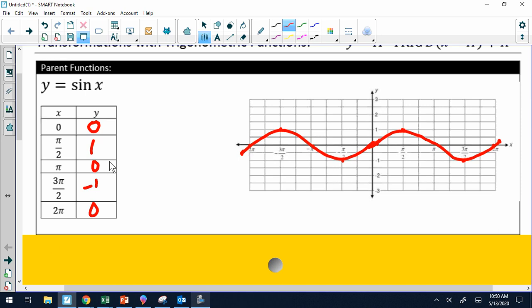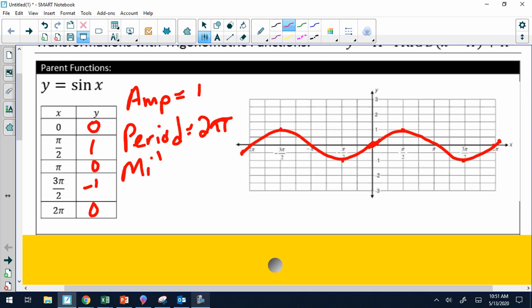This table of values is important to us. Remember that sine starts at 0. Now, the key features are amplitude is equal to 1. The period, we had looked at it before in degrees. Same thing, except we're going to do it in radians this time. So it completes in 360 degrees or 2 pi. My midline is y equals 0.